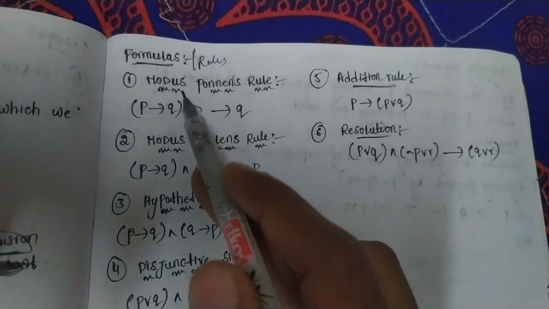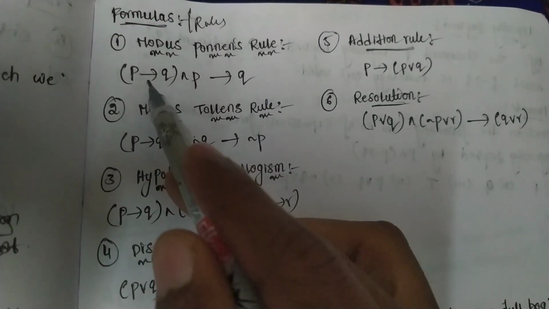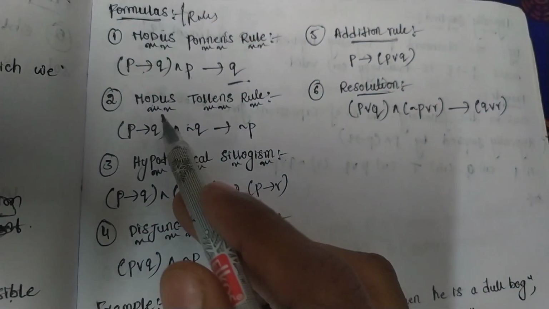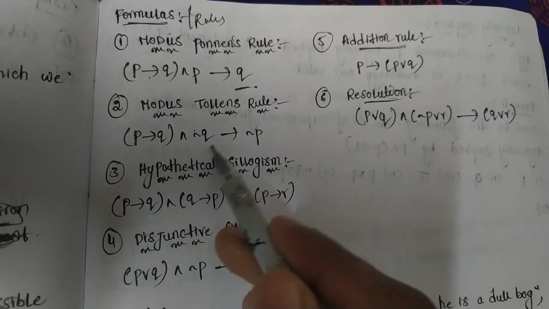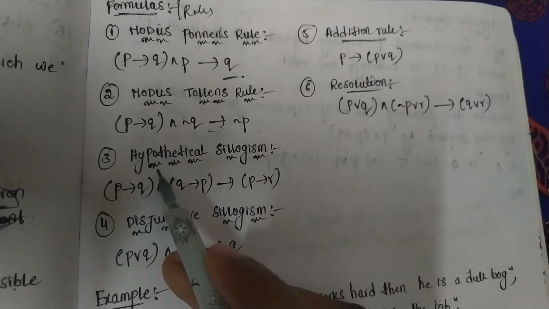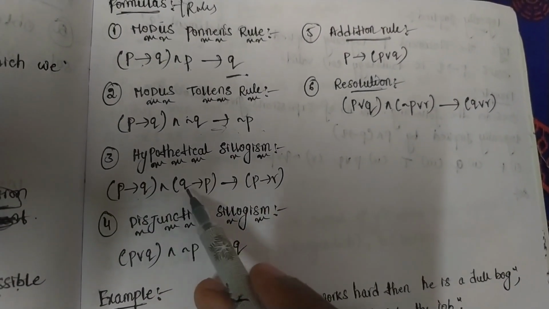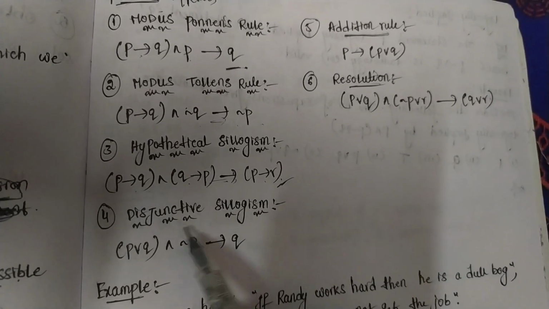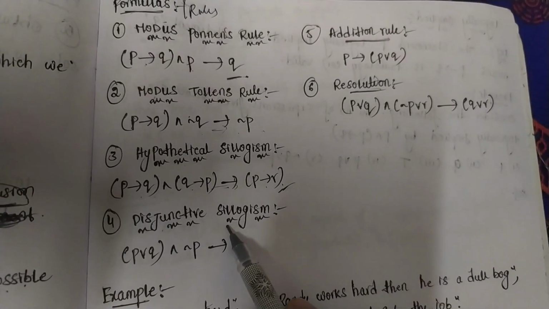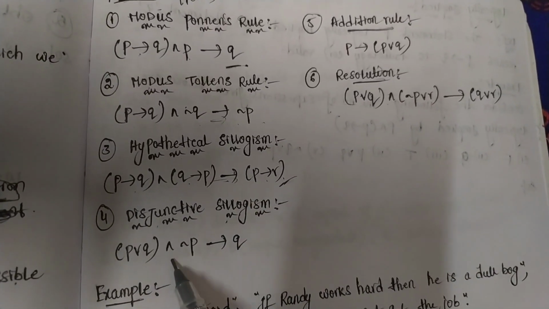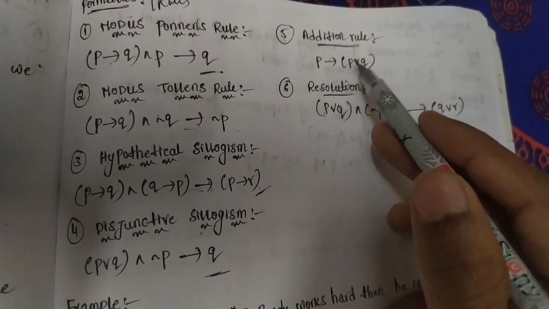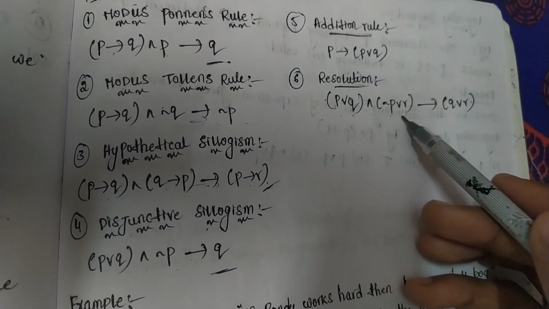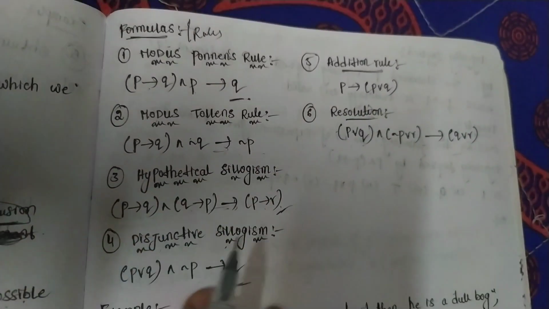The first rule is modus ponens: P implies Q and P gives rise to Q. The second is modus tollens: P implies Q and negation Q implies negation P. The third one is hypothetical syllogism: P implies Q and Q implies R gives P implies R. The fourth rule is disjunctive syllogism: P or Q and negation P gives rise to Q. The fifth one is addition: P implies P or Q. The sixth one is resolution: P or Q and negation P or R implies Q or R. These are the six rules.